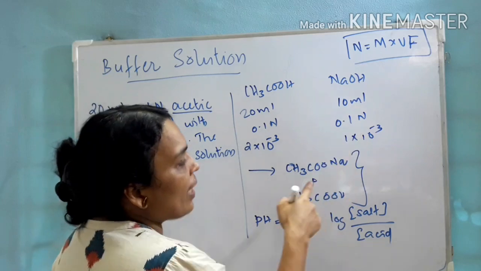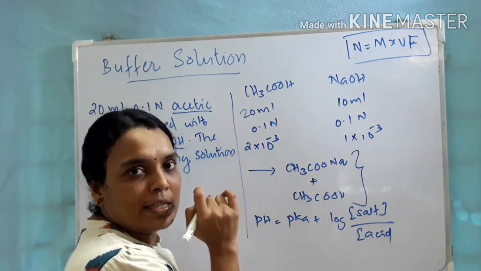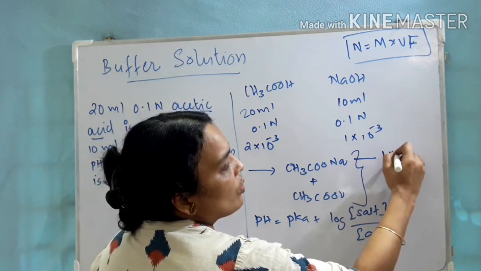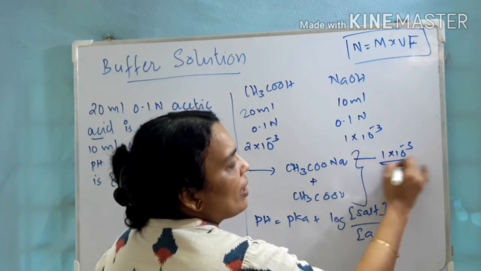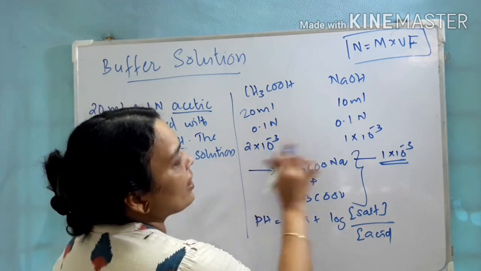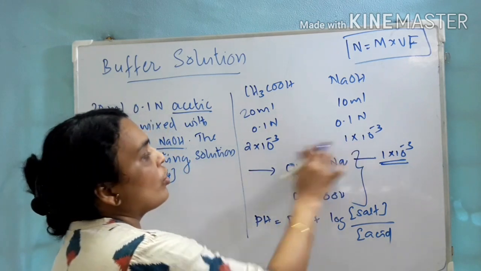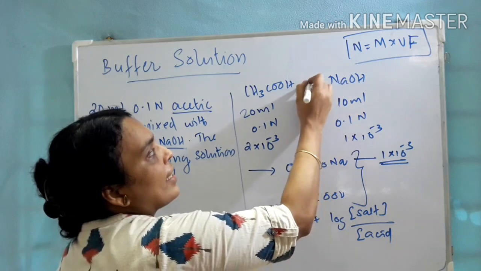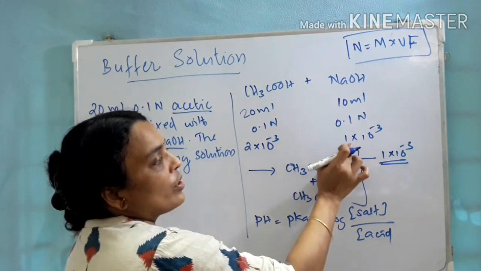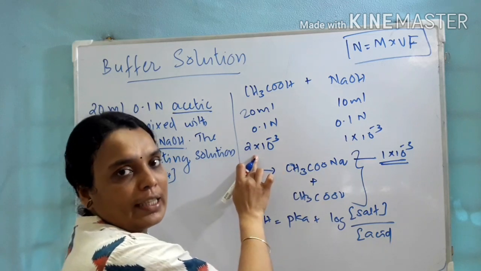So this NaOH is completely converted to sodium acetate. So what is the concentration of sodium acetate? 1 millimole, that is 1 into 10 raised to minus 3, is the concentration of sodium acetate. And acetic acid concentration, what is remaining? It is completely reacting, meaning 1 mole of sodium hydroxide is reacting with 1 mole of acetic acid.